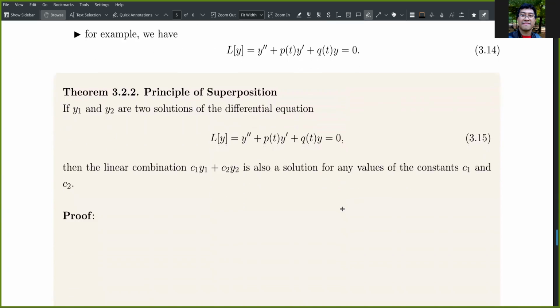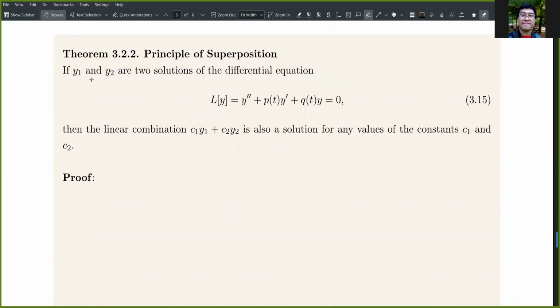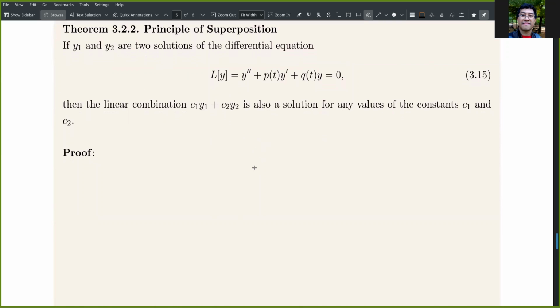There's a principle of superposition, wherein if y1 and y2 are solutions of the differential equation, then the linear combination is also a solution. That is very easy to prove.